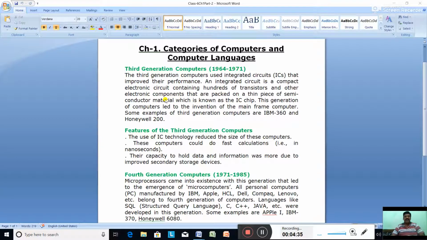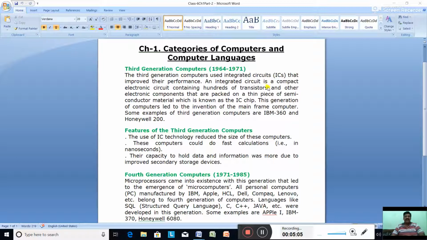This generation of computers led to the invention of the mainframe computer. In this generation only, the mainframe computer was developed. Okay. Some examples of third generation computers are IBM 360 and Honeywell 200. So once again, what was the main component in the third generation computer?